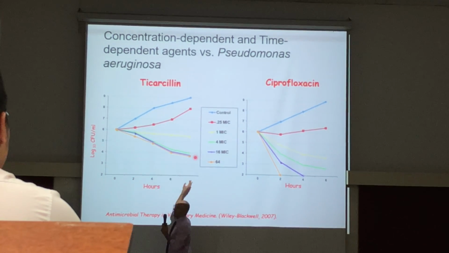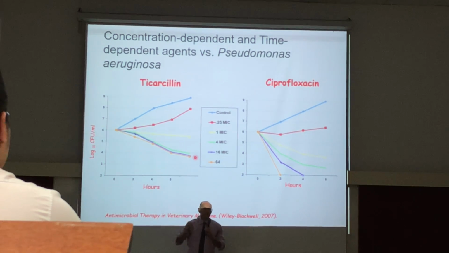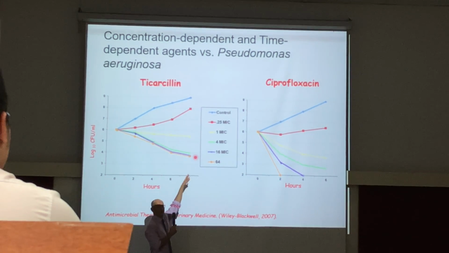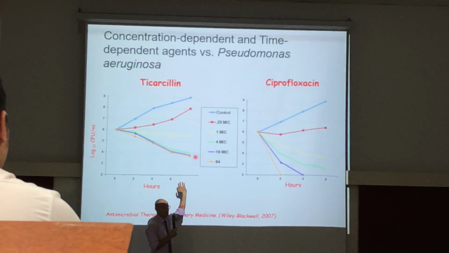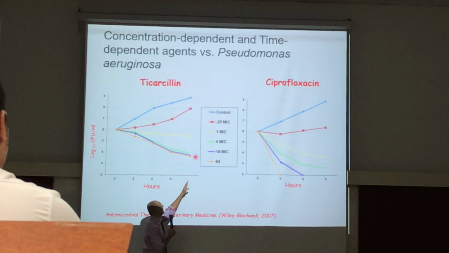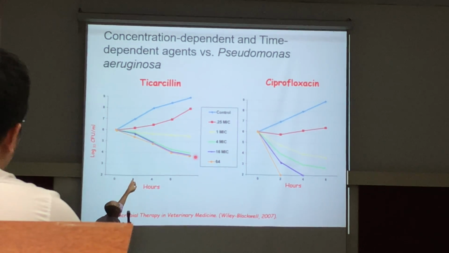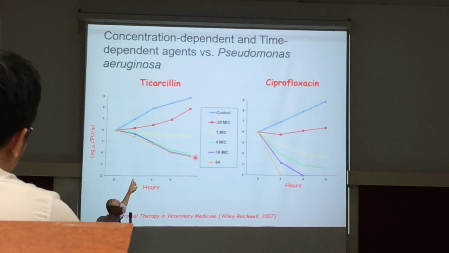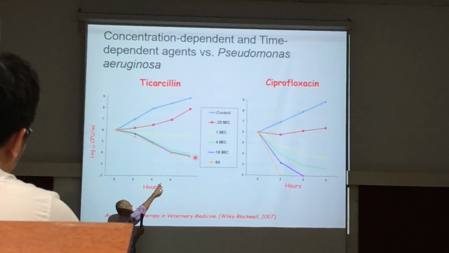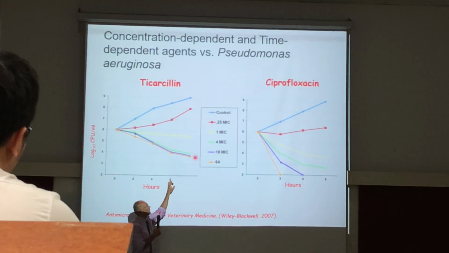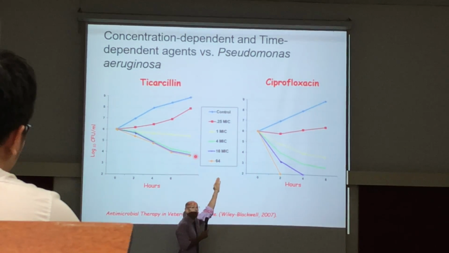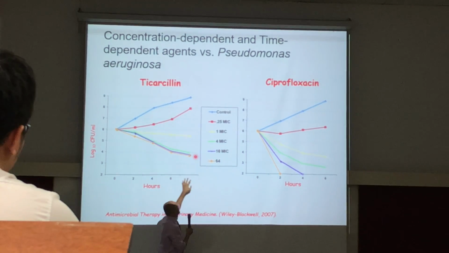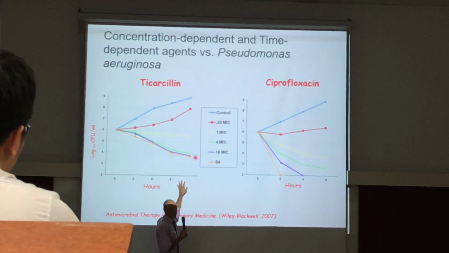Look, 4, 16, and 64 are different concentrations, but the same profile. So it is not connected with the concentration. It's connected with time, because at 2 hours they are still there, at 4 hours a little bit less, at 6 hours still less. So I'm sure that if we go ahead with the time, we will have decreased more. So this is a time dependent antibiotic.